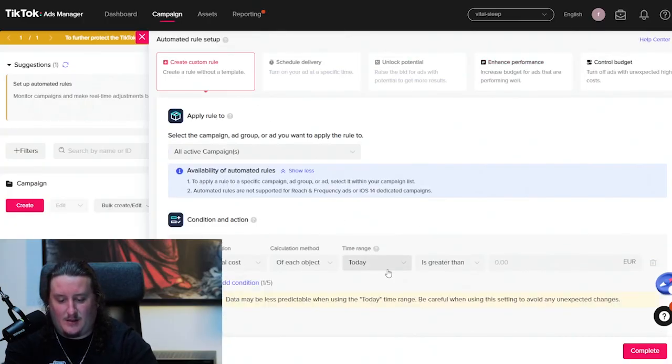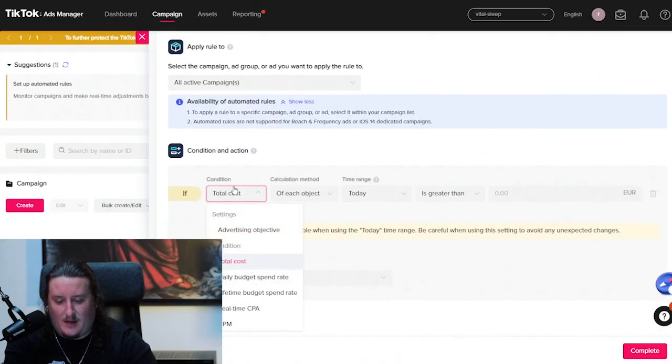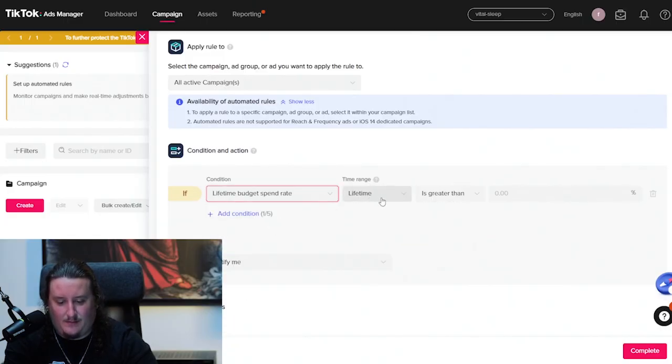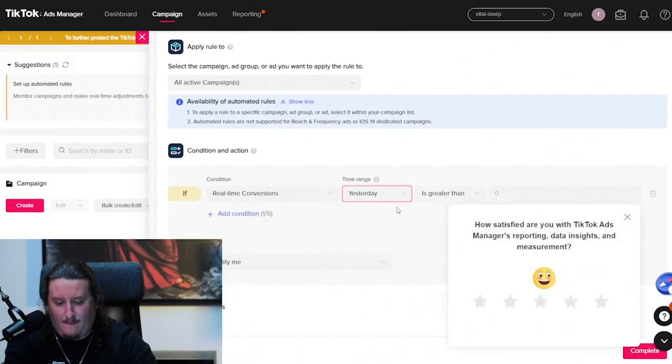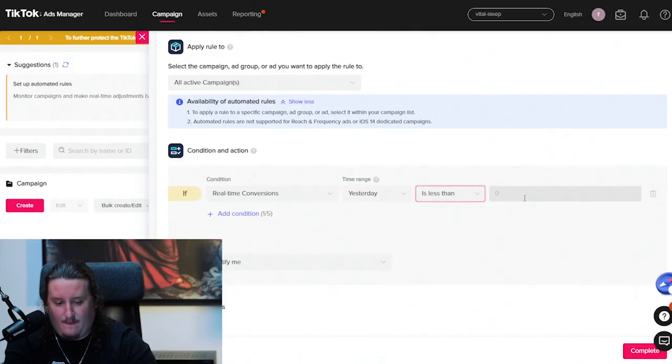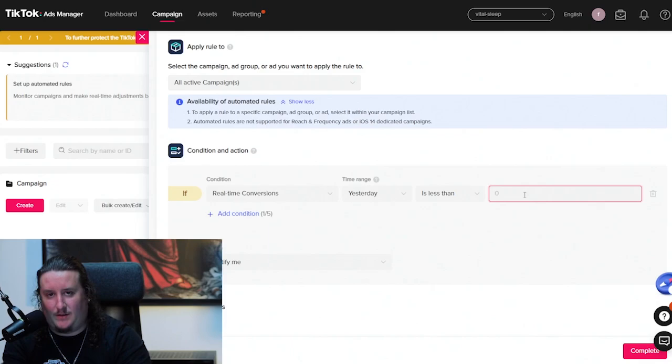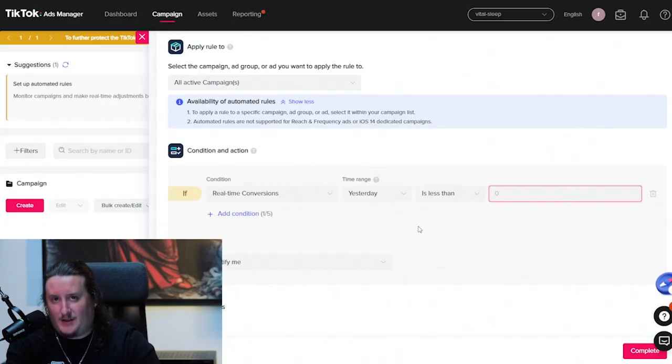So we're gonna create a custom rule, and we're gonna say real-time cost per acquisition. Okay, so this is what we're considering here, right? The real-time conversions, and this is going to optimize every 24 hours from yesterday's campaign. Let's say your CPA strike price is $15, right?